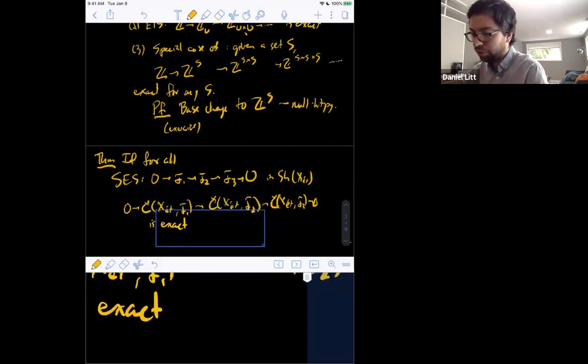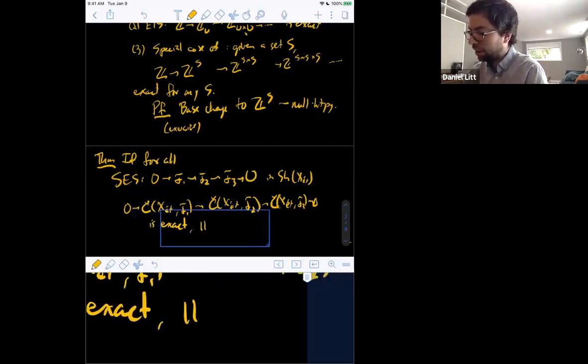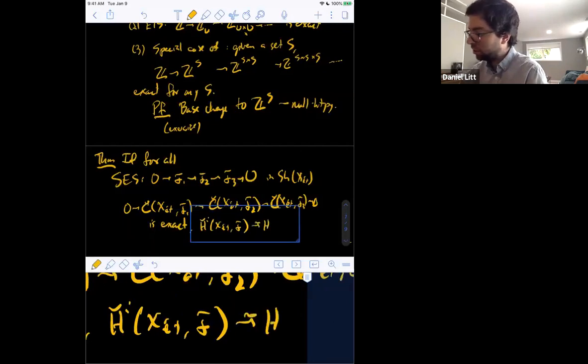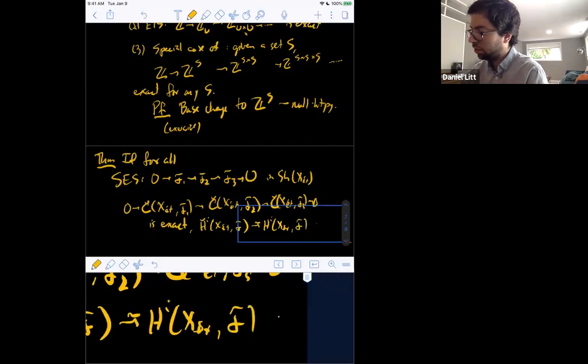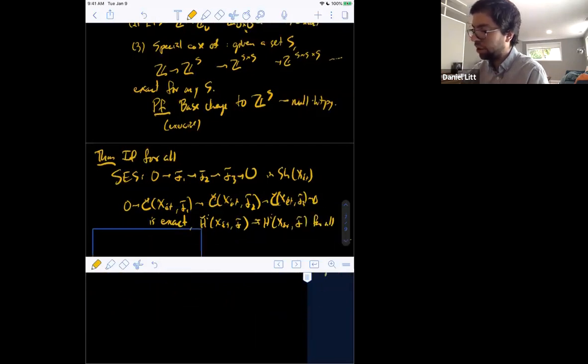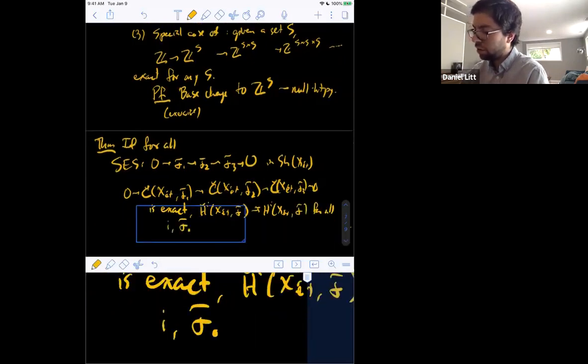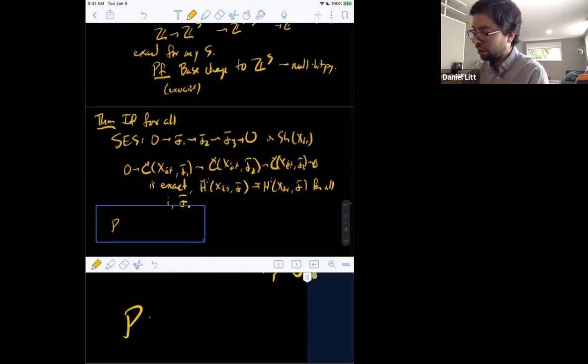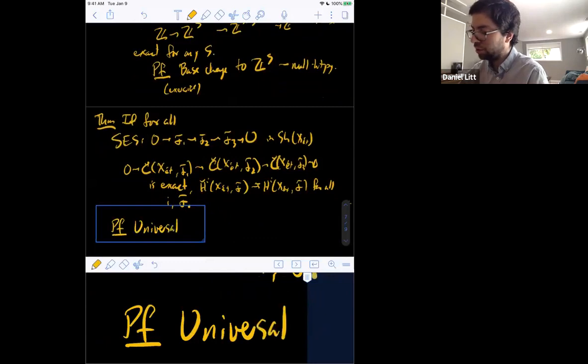So if this is true, then there's a canonical isomorphism between Čech cohomology and derived functor cohomology, for all i and all F. Okay, and the proof of this is basically the theory of universal delta functors.